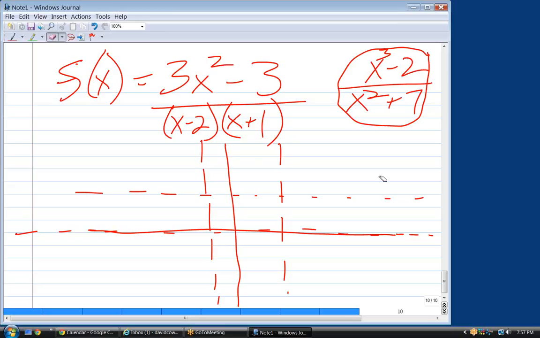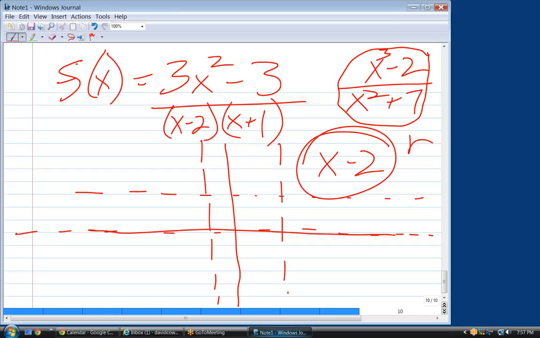The way you get them is when the numerator is exactly 1 power greater than the denominator. So if I divide that out, I'm going to give you a linear result like x minus 2 with some remainder. Well, that's the equation of your oblique asymptote right there.